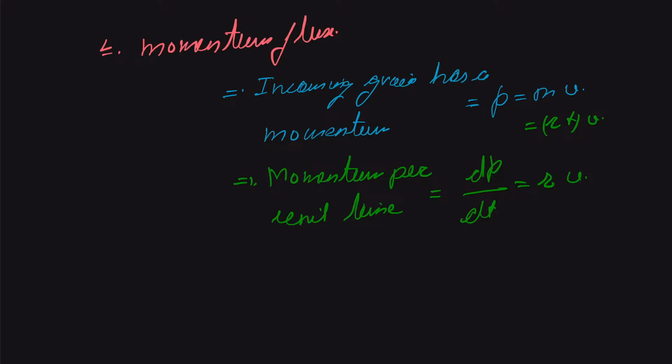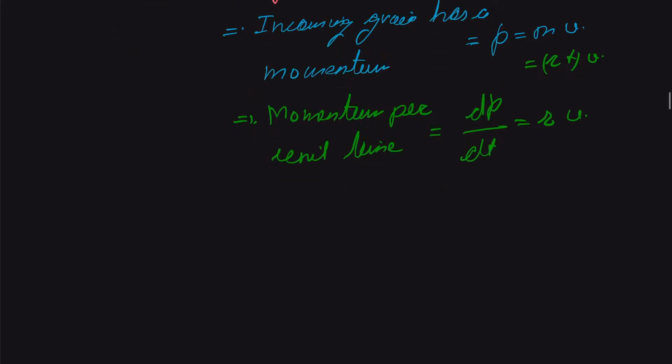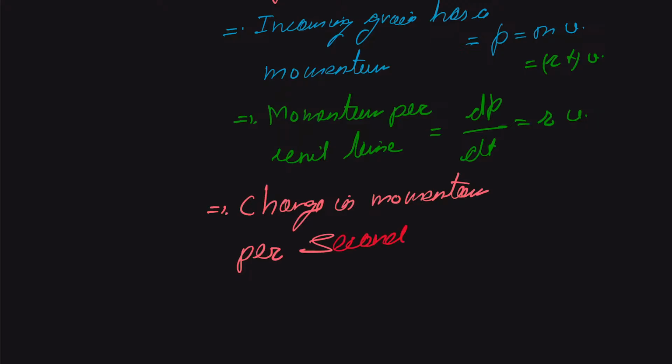It is also given in the question that these grains are not bouncing back, so we can easily find out the change in momentum. Therefore, the change in momentum per second, let us suppose that is our delta P, will be equal to R times v, because the final momentum is at rest, which is 0.